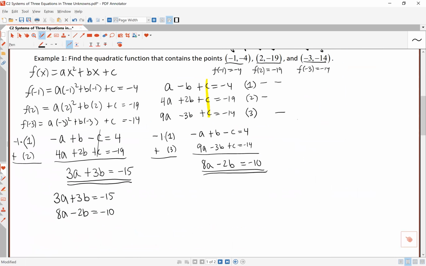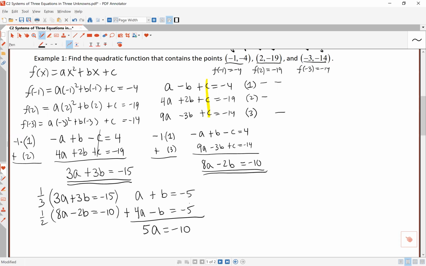When you see that your two equations have a common factor like the first one does, everything divisible by 3, it's going to be much easier if we divide everything by 3. The second equation is all divisible by 2, or each term is divisible by 2, so I get 4a minus b equals negative 5. And just by doing that, we see the b and the negative b. We can add those two equations together and get 5a equals negative 10.